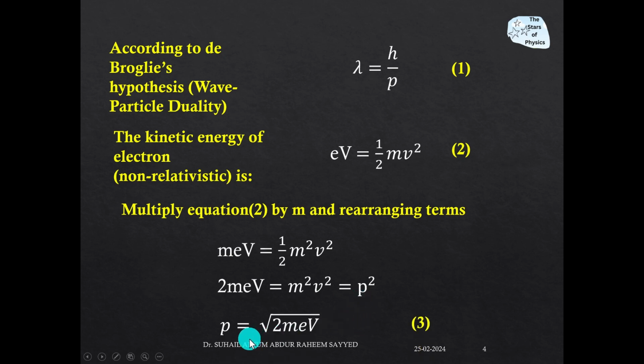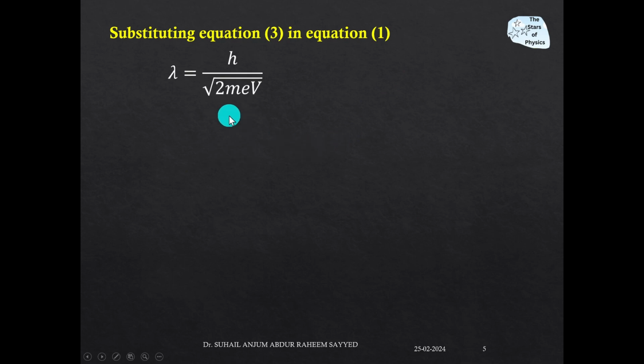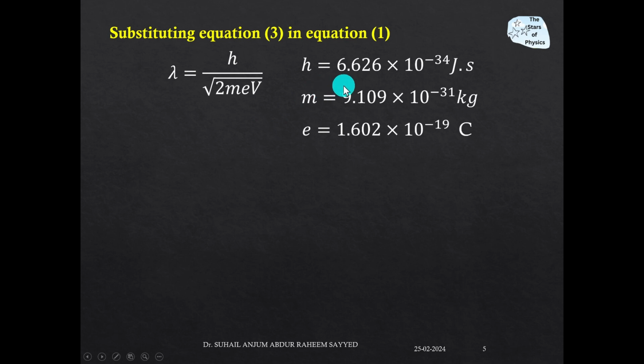So if we find the momentum, we get p equal to square root of 2meV. Now we substitute this equation 3 in equation 1. So we get lambda equal to h upon square root of 2meV. Here h is Planck's constant, which is 6.626 into 10 raised to power minus 34 joule second. m is the mass of the electron, which is 9.109 into 10 raised to minus 31 kg. e is the electronic charge, which is 1.602 into 10 raised to power minus 19 coulomb.